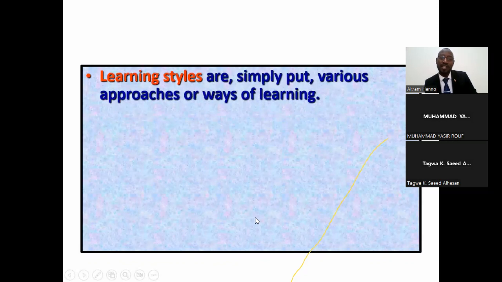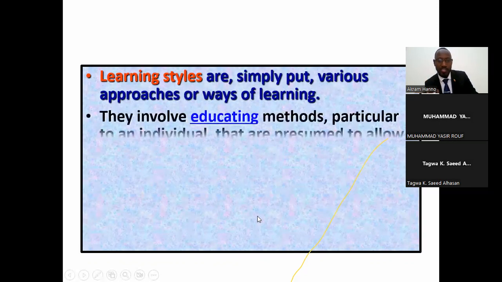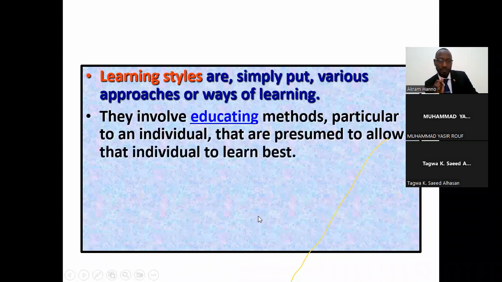Learning styles are simply put various approaches or ways of learning. They involve educating methods particular to an individual that are presumed to allow that individual to learn best.